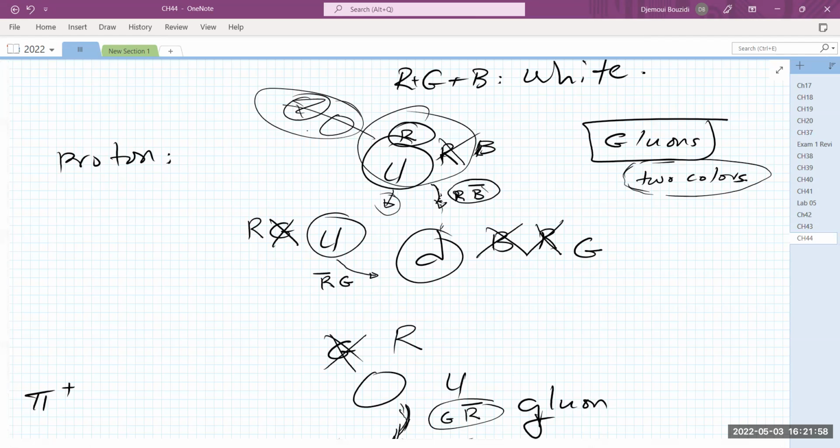So quarks can never exist in this universe alone. They have to be always together. That's part of the problem. The least amount of quarks that you can have is 2. You cannot have less than 2.